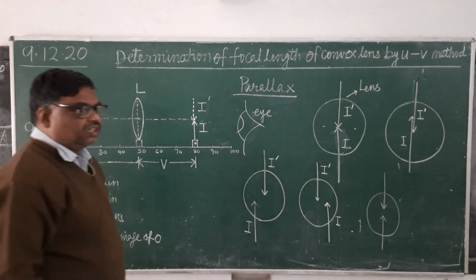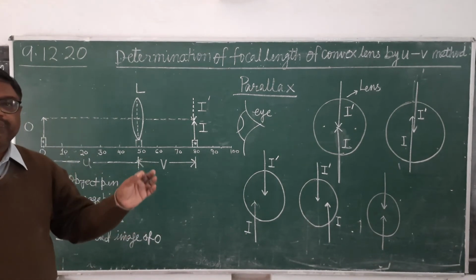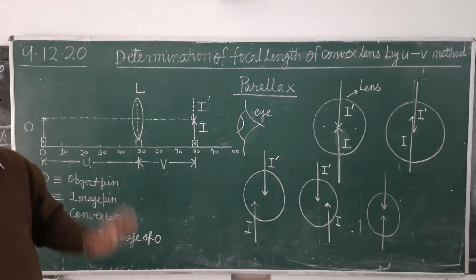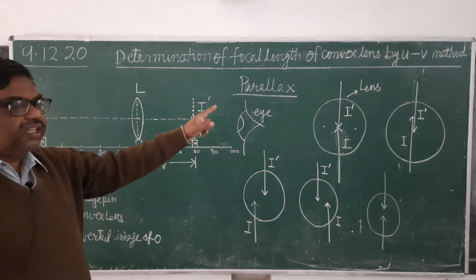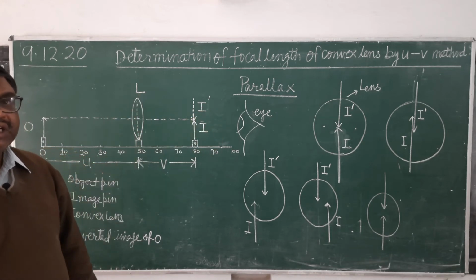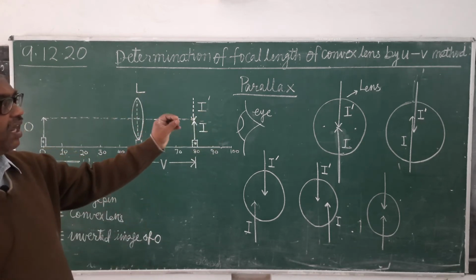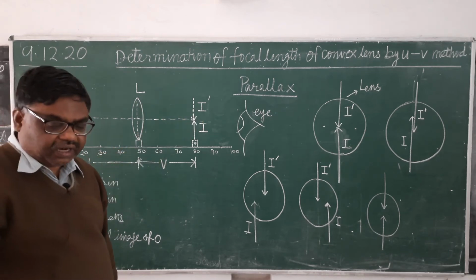If on focusing the eye at some other point of the lens within the field of view, we find that once again there is a separation between I and I dash, it means there is parallax between I and I dash. We have to remove this parallax.